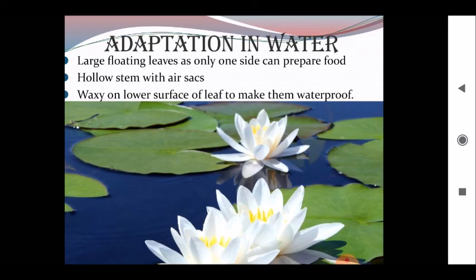Hollow stem with air sacs for floating. Waxy coating on the lower surface of the leaf to make them waterproof, and the root system is weak and poorly developed. Student, it is because in hydrophytes the whole body absorbs water and minerals.